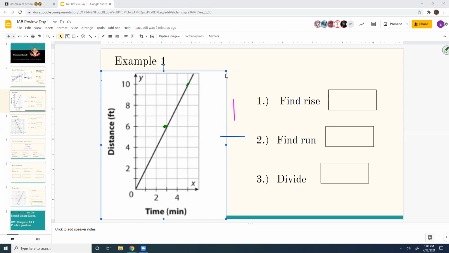Computers should be closed because we're not using them right now. Thank you. So we have 2 points here. I have to draw my slope triangle. I draw my slope triangle by bringing it down, bringing it over to create my slope triangle. What's my rise? What's my run? Avery. 4/2.